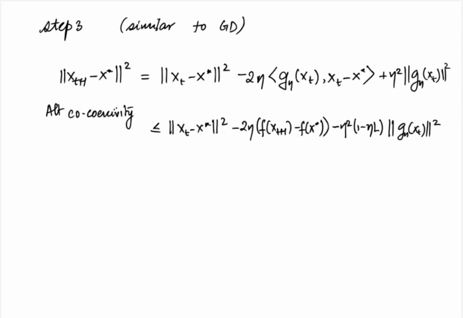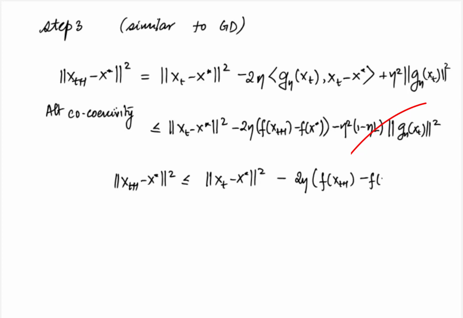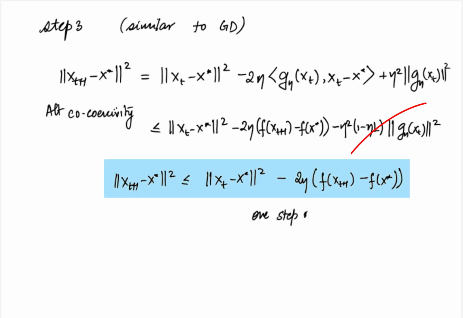Again, if we assume that eta is less than 1 by L, then the last term is negative and can be dropped. So we are left with xt plus 1 minus x star norm square less than equal to norm square of xt minus x star minus 2 eta f of xt plus 1 minus f of x star. So this is the required one-step inequality.